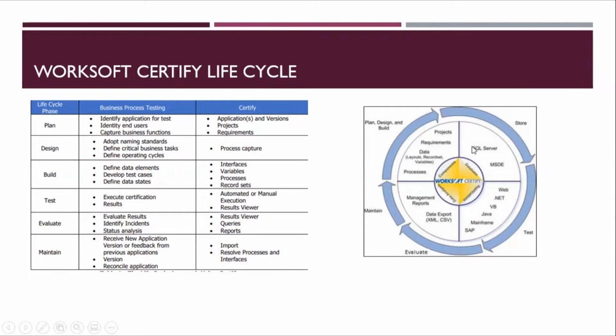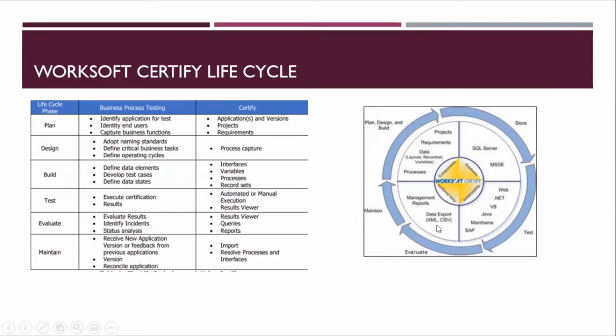And Worksoft is supported with a DB backend. All the processes, layouts and record sets will be stored in the DB. So Worksoft connects to the DB supported backend. Once we create any process, it will be stored on a server. And we can test all these interfaces using Worksoft Certify.